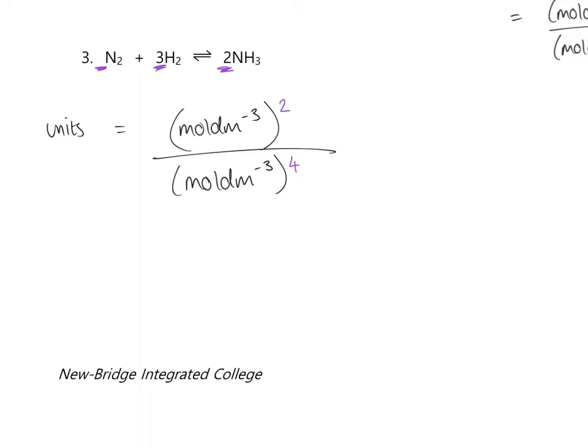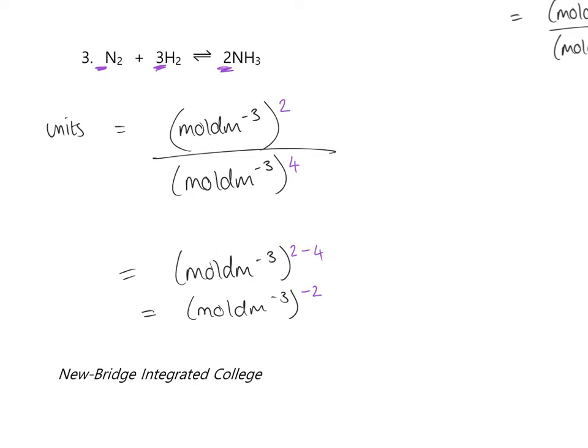Okay, so at this point, we're saying that it is moles per decimeter cubed to the power of 2 minus 4. Got to be careful at this point. That gives you moles per decimeter cubed to the power minus 2. At this stage, we need to multiply out our powers.